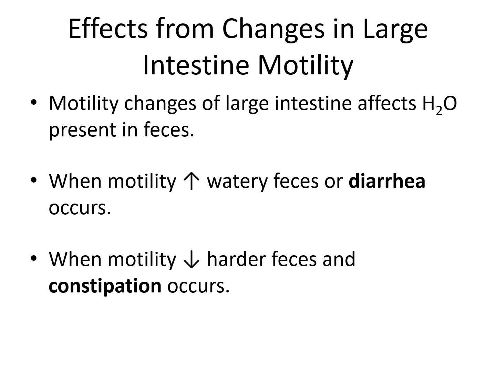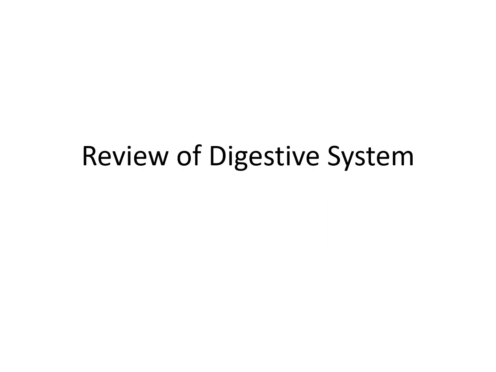I think you can understand that. If motility decreases, too much water is absorbed, and you end up with harder feces, and constipation occurs. The harder feces does not move as easily as a more watery feces. So the effect on motility can have an effect on the amount of water present in the feces.